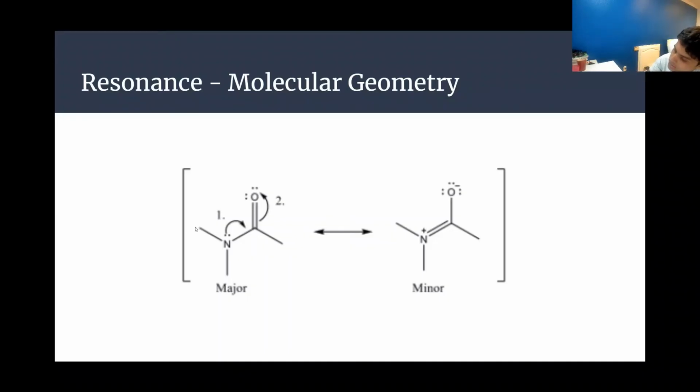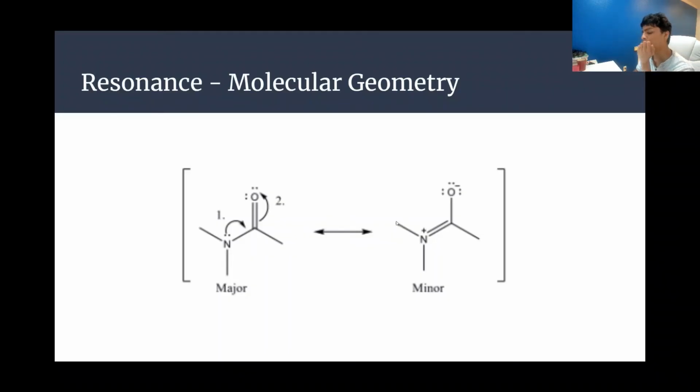But the lone pair is delocalized. It participates in resonance. So this is a band of p orbitals where this electron resonates through. The consequence is that since this electron is delocalized, it does not take part in determining the geometry. This nitrogen atom is sp2 hybridized.